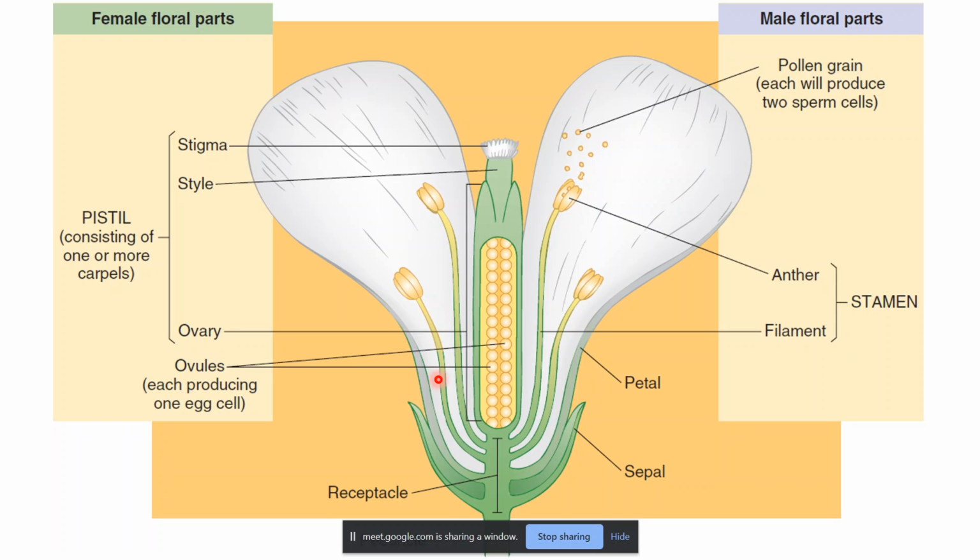The bigger the flower, the more attractive it is, the better it smells for the insects, then the greater the likelihood of the pollen grain being transferred from one flower to another flower.